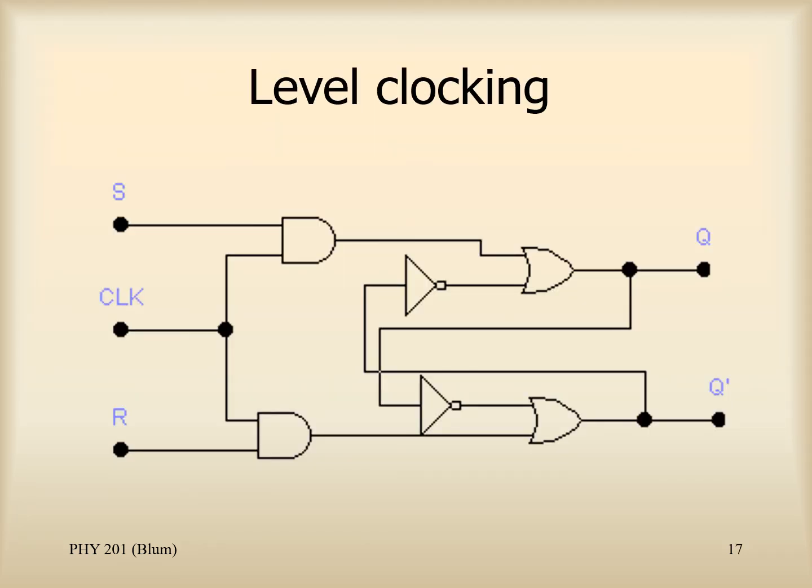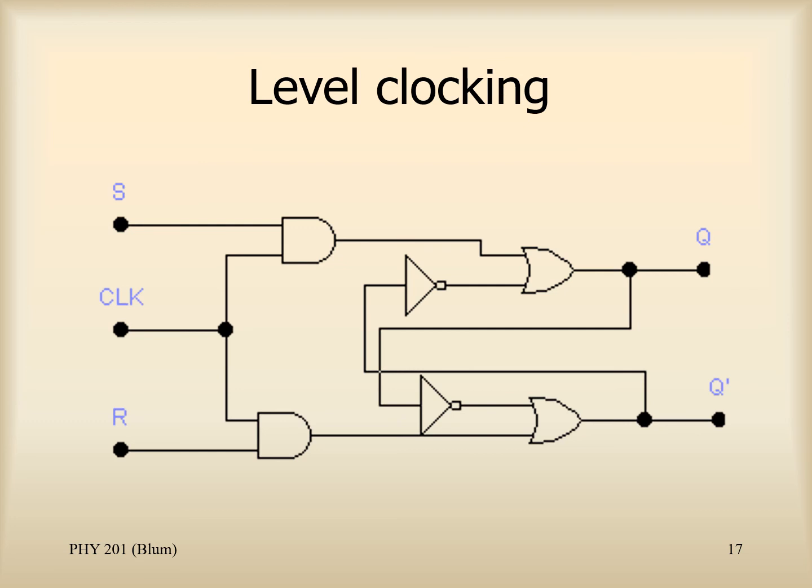Now we're going to introduce a third input, which I'm calling clock, but which you might also call enable. Before S reaches the OR gate, I'm going to send it through an AND gate along with this new input called the clock.